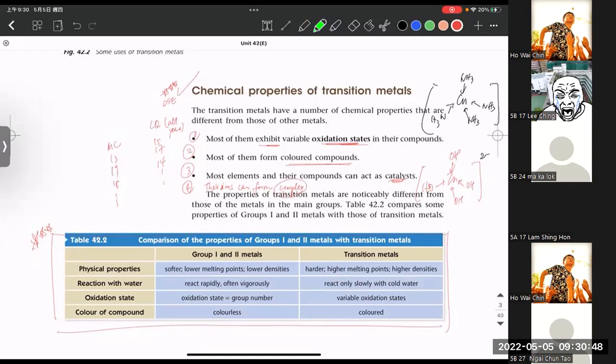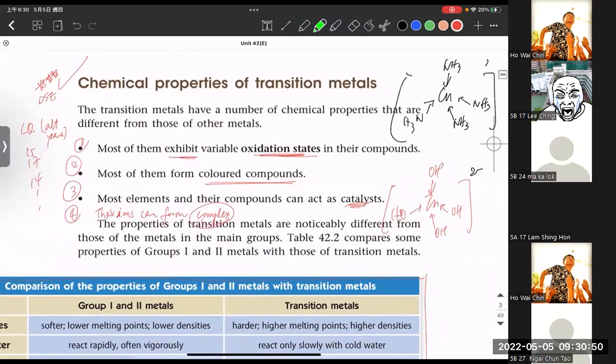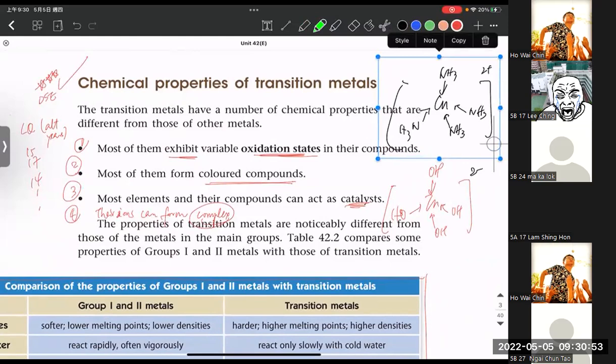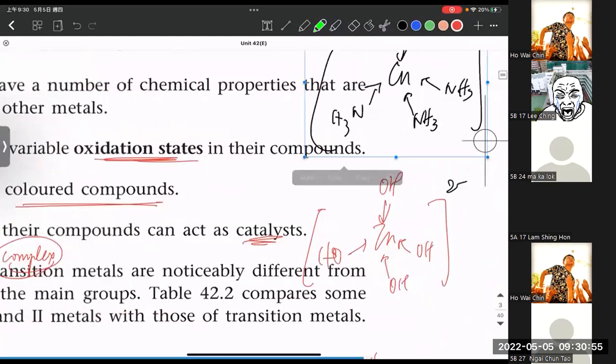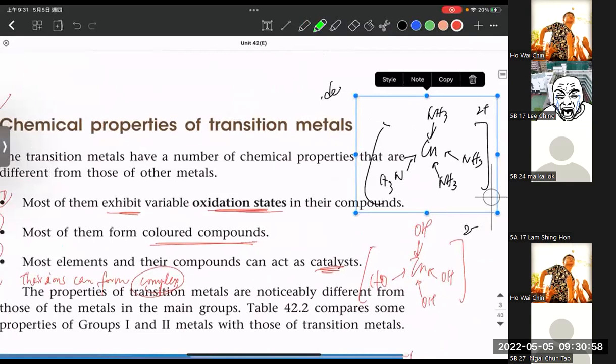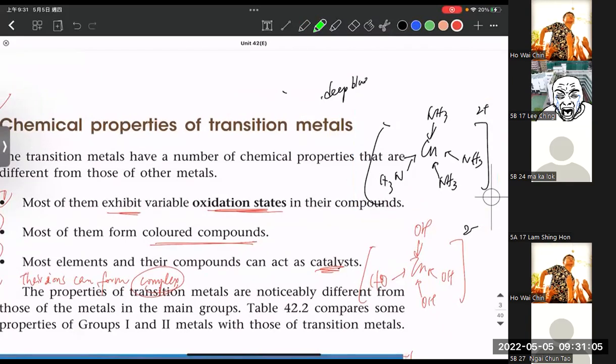Do you remember the deep blue complex? Do you still remember that one?